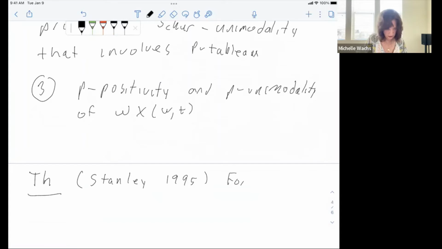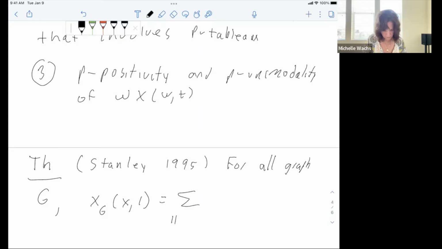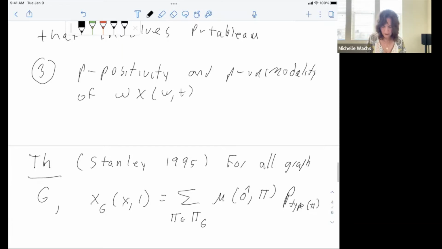This was the result that Stanley obtained for all graphs, every graph, there's no restriction on the graph. So this is the Möbius function.